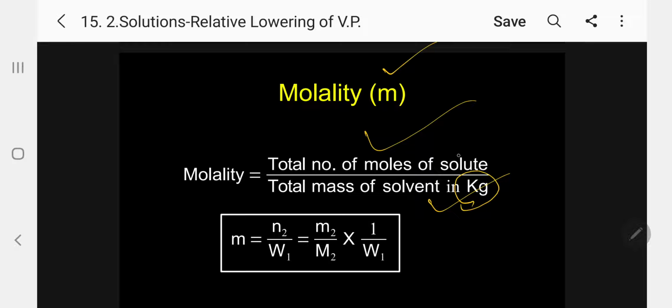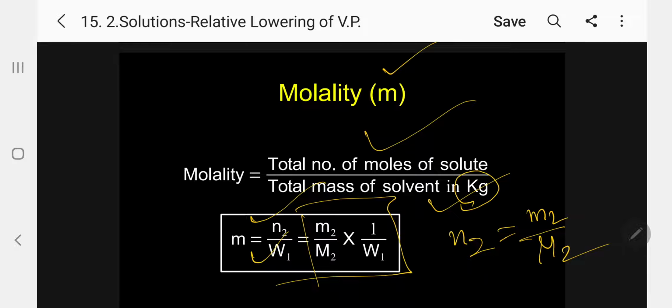Or I can say number of moles of solute N2, mass W1, because for solvent I am using W1. But I know the definition of N2: N2 equals m2 by capital M2, mass by molecular mass. Substitute here. So this is the molality. Kindly follow. Molality, small m, equals m2 by capital M2 into 1 by W1.